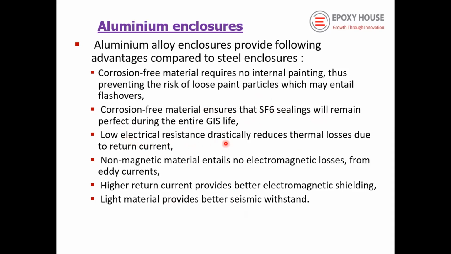Low electrical resistance directly reduces the thermal losses. When the resistance is low, the I squared R losses in the enclosure are also reduced. Aluminum is a non-magnetic material, so there are no electromagnetic losses from eddy current. Higher return current provides better electromagnetic shielding.